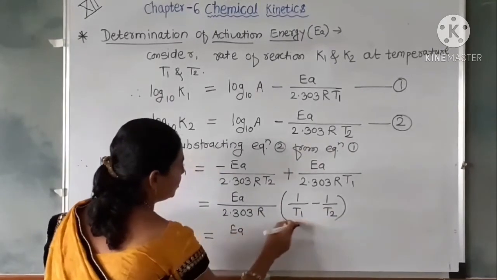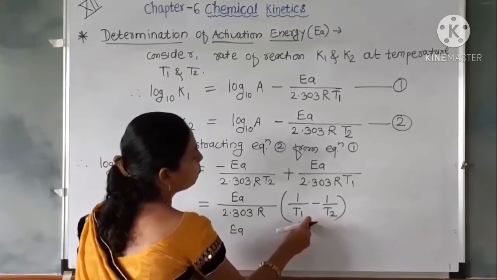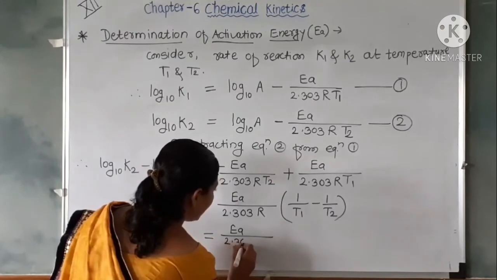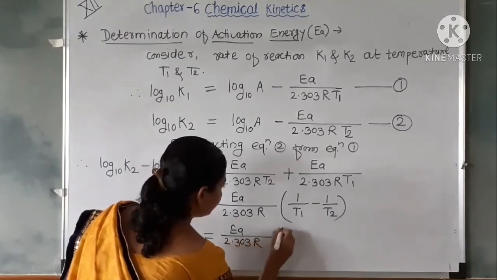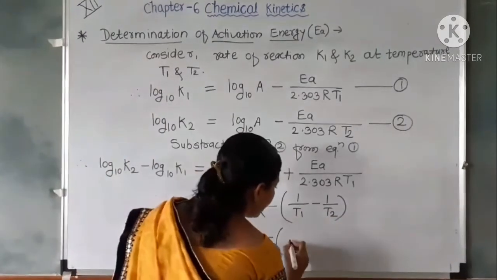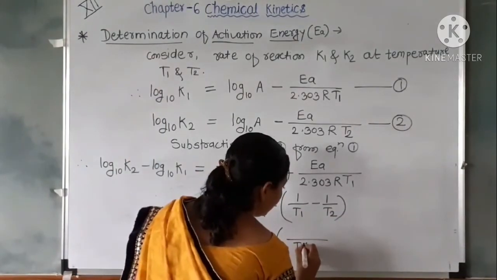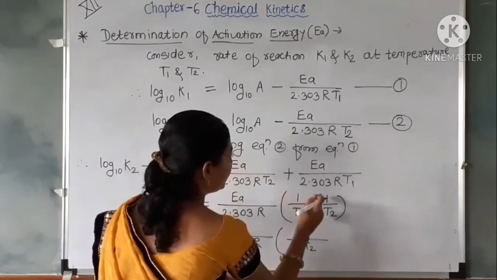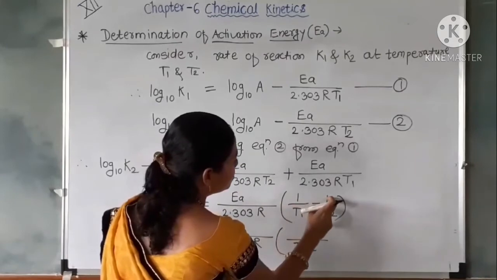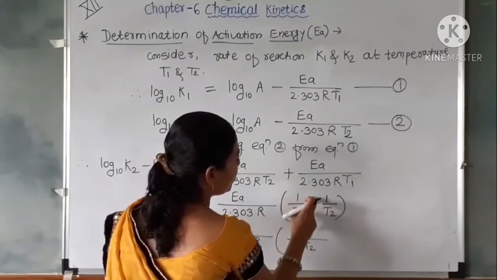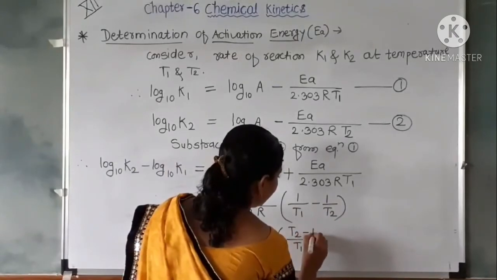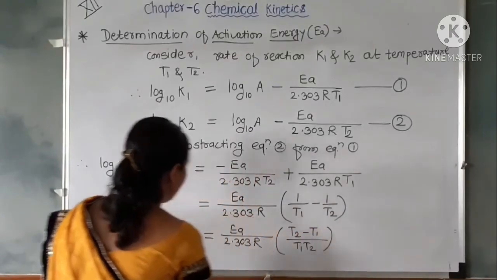We solve this bracket by taking the same base, that means T1 and T2. Therefore, it becomes T2 minus T1 upon T1 T2.